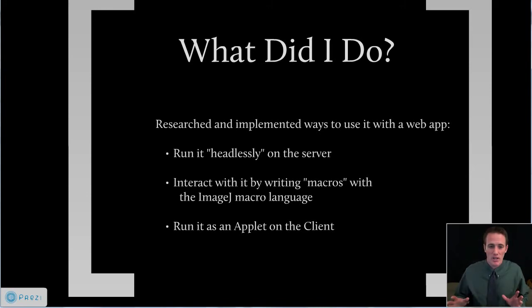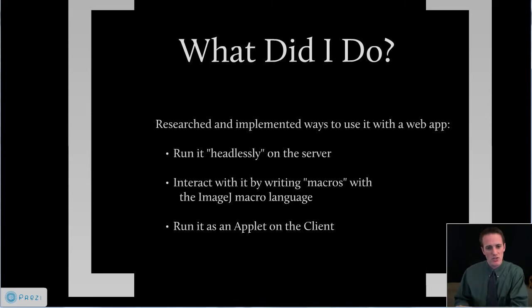Again, it's a graphical application, but I want to interact with it programmatically. So I did that by learning the ImageJ macro language. In utilizing those macros, I'm interacting with it a bit like an API. It doesn't really have an API per se, but I was able to do what I needed to do in that pre-processing with those macros.